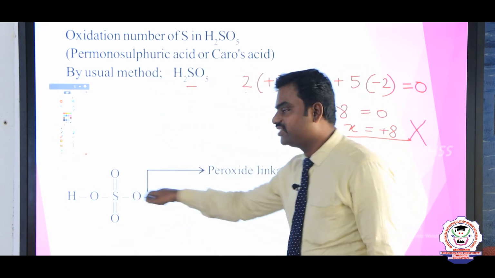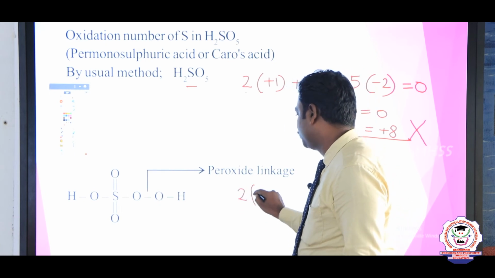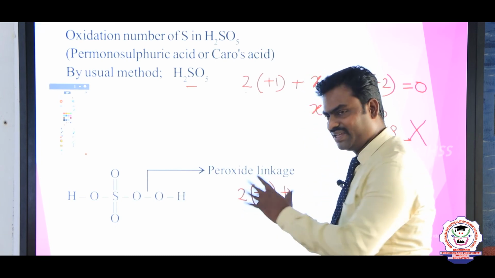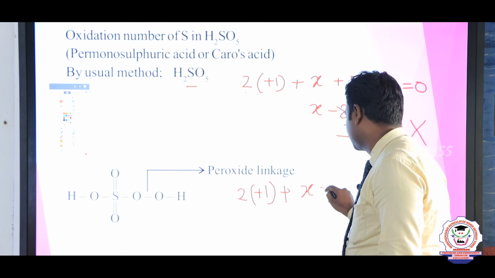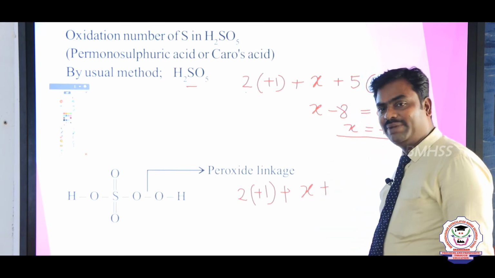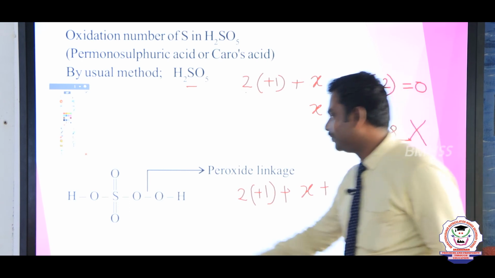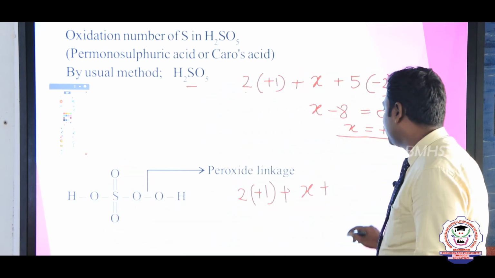So how many hydrogen? 2 hydrogen. Obviously it is 2 into plus 1, plus sulfur, keep it as X, plus how many oxygens are carrying minus 2? Only 3 oxygen, not 4. So 1, 2, 3. These 3 oxygens are carrying minus 2 charge.